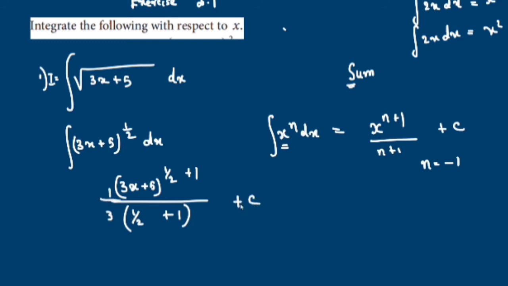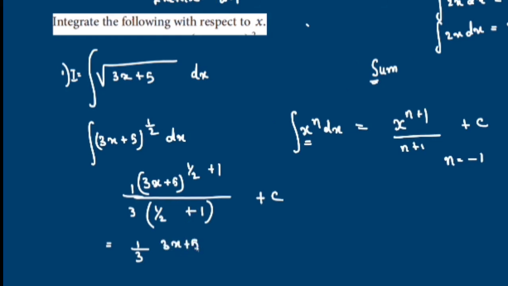Then we have to simplify this. So that is equal to 1 by 3 into 3x plus 5 the whole power half plus 1, which is 3 by 2, divided by 3 by 2. So that is equal to 1 by 3, take the reciprocal of 3 by 2, so it will become 2 by 3.